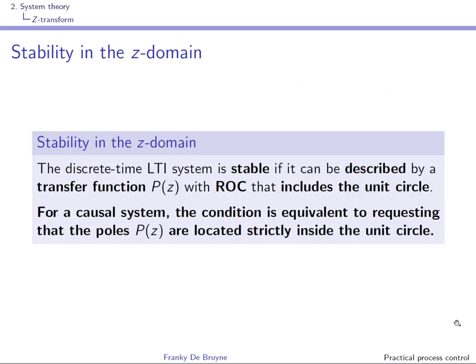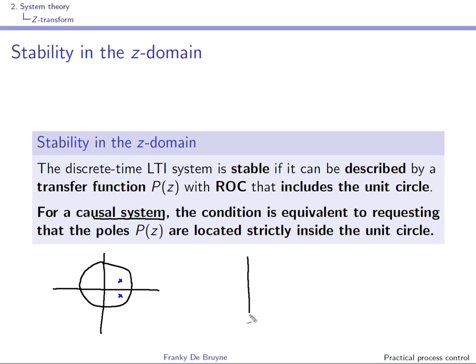Of course, it's maybe necessary also to talk about stability in the Z domain. For a causal system, the condition is that the poles of the system need to be inside the unit circle. So for instance, this system is said to be asymptotically stable in the sense that its impulse response will converge to 0.